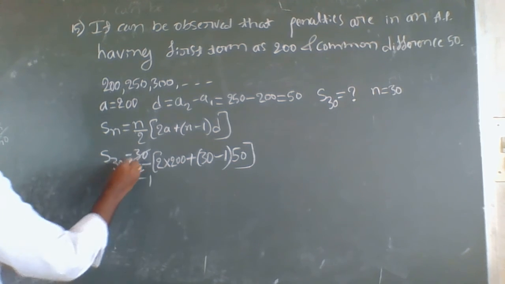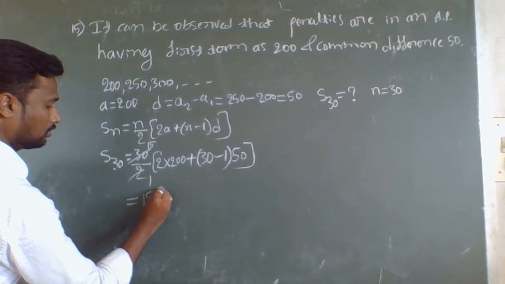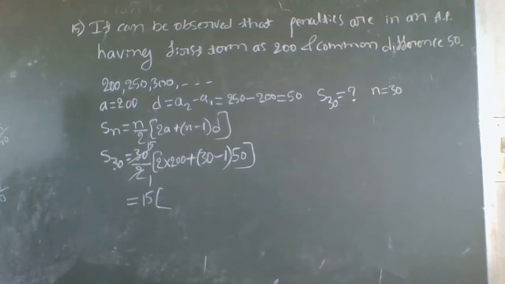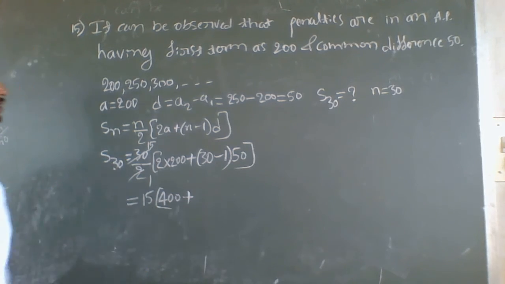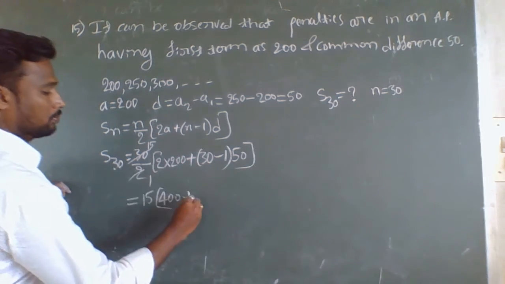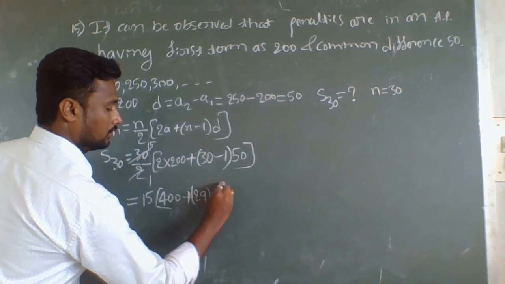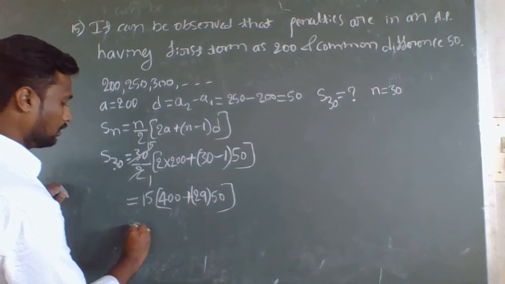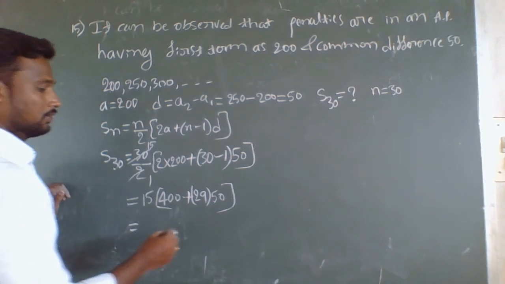Here 30 by 2 means 15, into bracket 2 into 200, which is 400, plus 30 minus 1, which is 29, into 50.